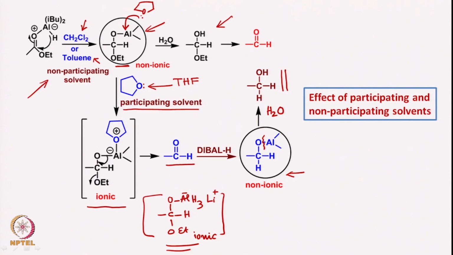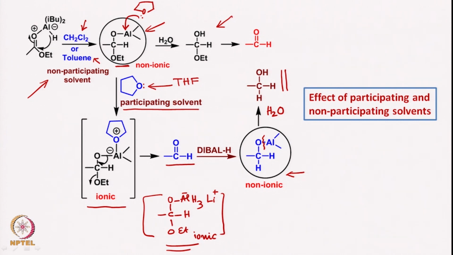So this is how the reaction occurs when a participating solvent such as tetrahydrofuran is used, and therefore it is difficult to control the reaction at the aldehyde stage.